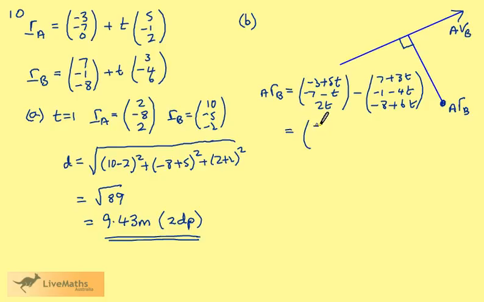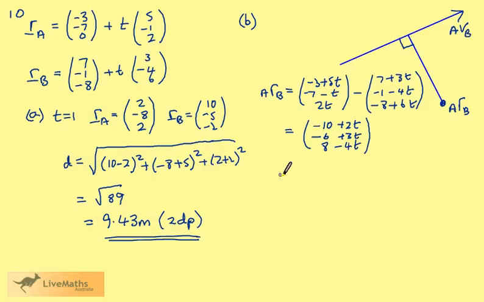Calculating, that gives me -10 plus 2t, -6 add 3t, and 8 take 4t.